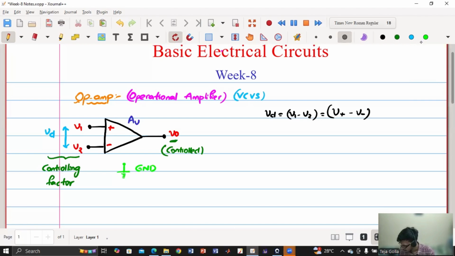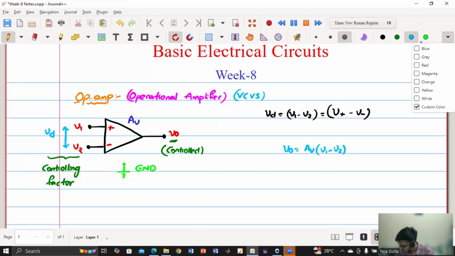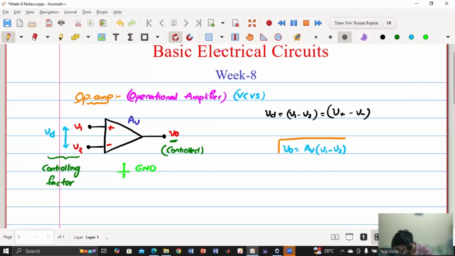Now we get V0 equals AV into V1 minus V2. This is the expression of V0. The output voltage is dependent on the input voltage difference and there is a constant called AV, which is the op-amp gain.